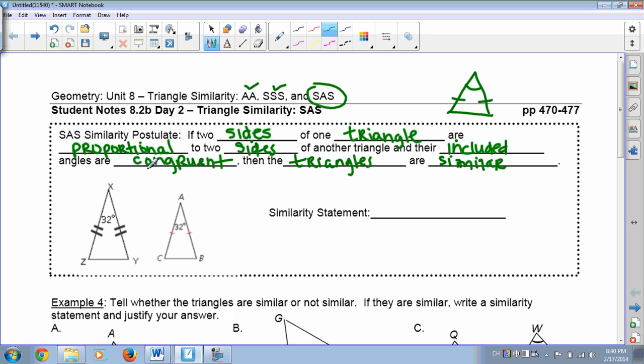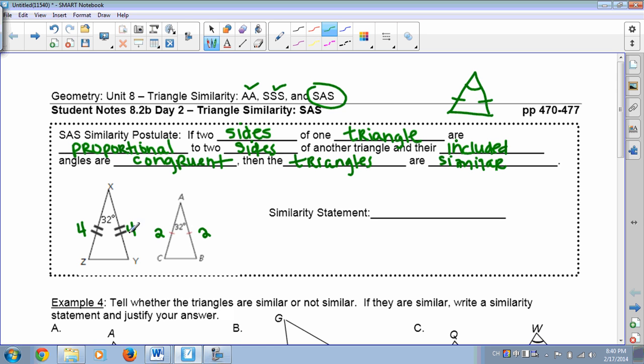Okay, so we're going to take a look at these two triangles here. I'm going to go ahead and give these side lengths an actual length, like 4, and they're congruent. They both have 2 slash marks. And this one I'm going to give them a side length of 2. And they're both congruent to each other because they have the 1 tick mark. And they're proportional because 4 over 2 is the same thing as 4 over 2.